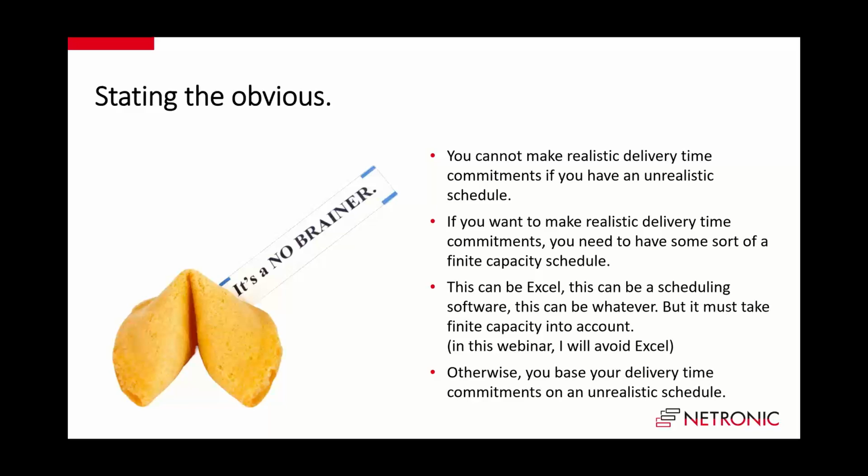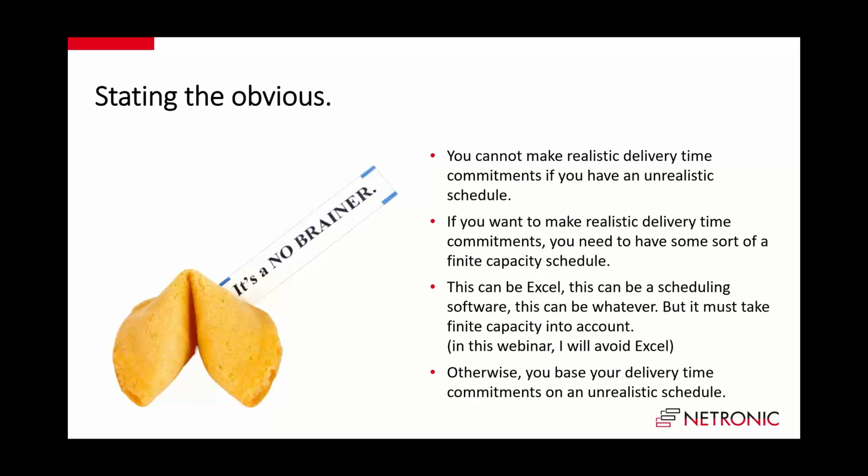So if it is really of importance for you to provide realistic delivery time commitments to your customers, at some point in your process you need to have some sort of finite capacity schedule. I don't necessarily say that you need to have finite capacity scheduling software, but you need to have a schedule.